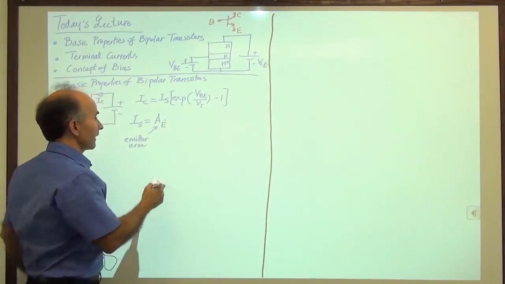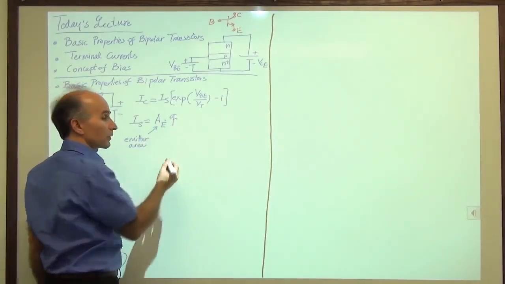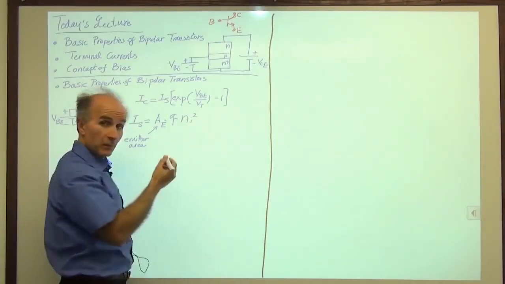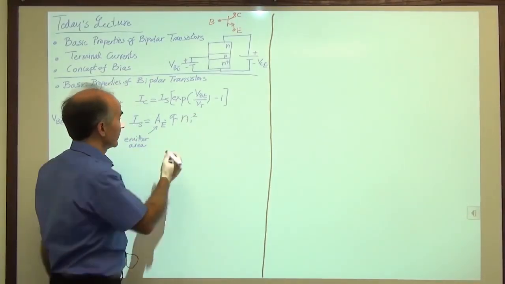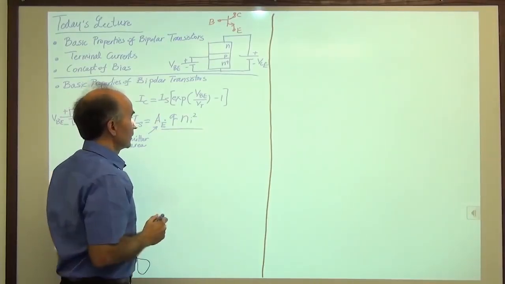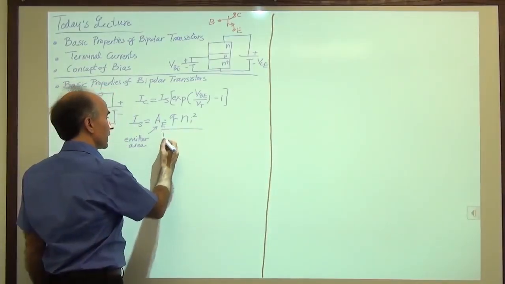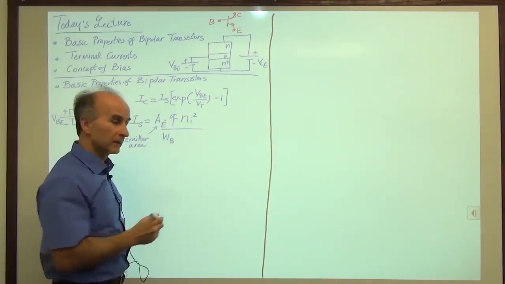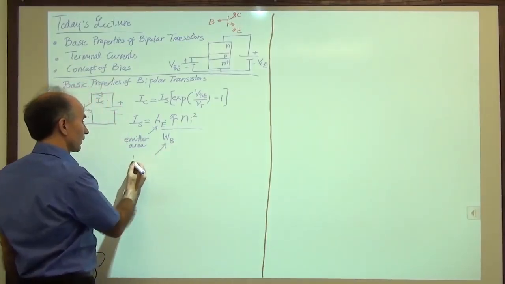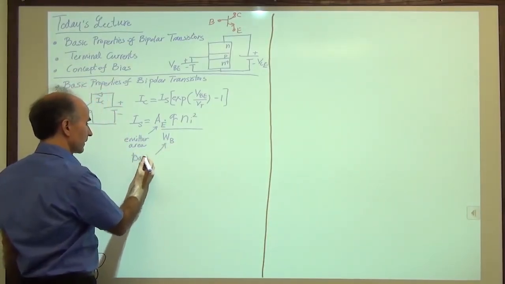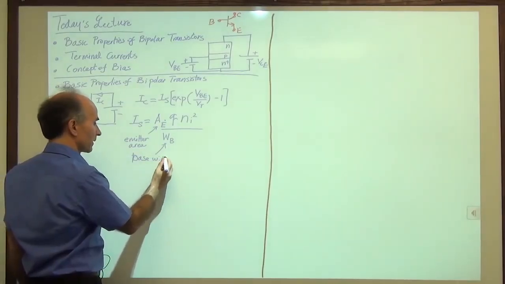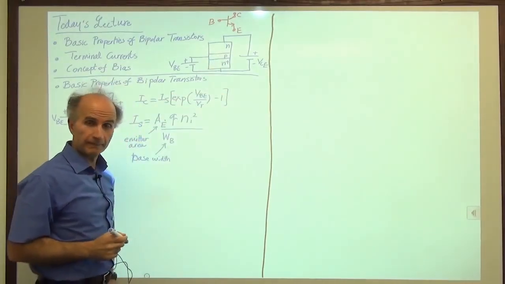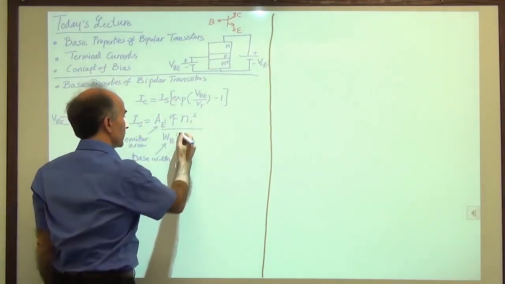Okay, the next term that we have here is Q, charge of electron, as we did for diodes. Then we have Ni squared, as we did for diodes. We had all of these terms in diodes, right? And then in the denominator, we have some other stuff. We have WB. This is called the base width, or what I called before base thickness. Base width means from here to here. That's WB. All right.